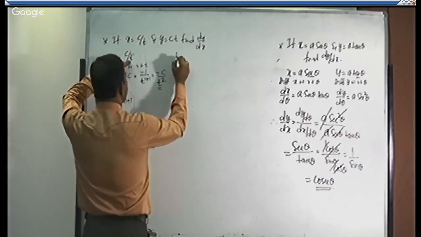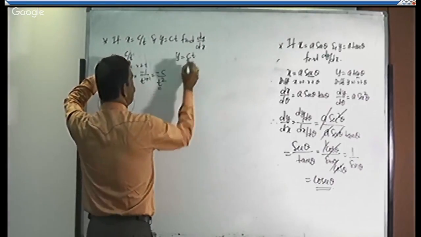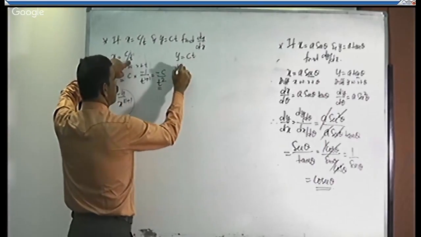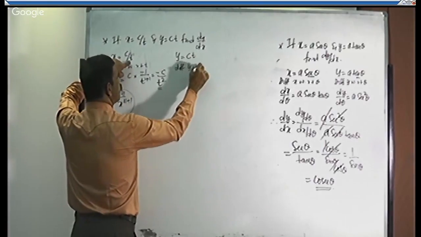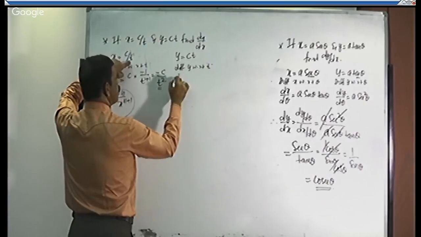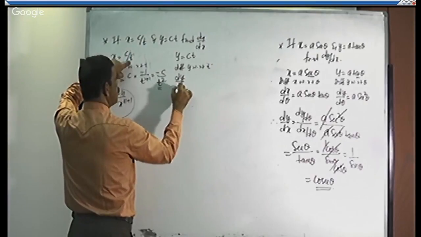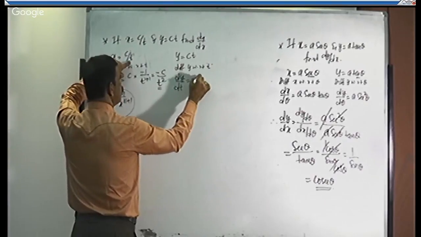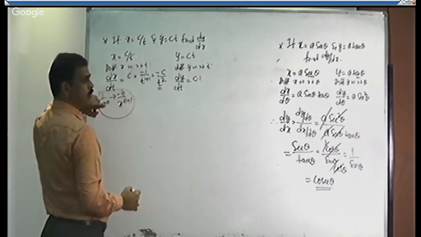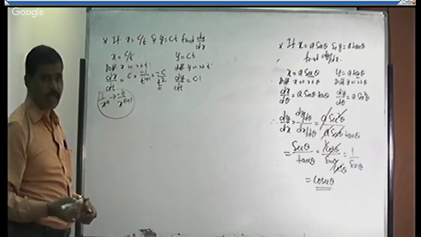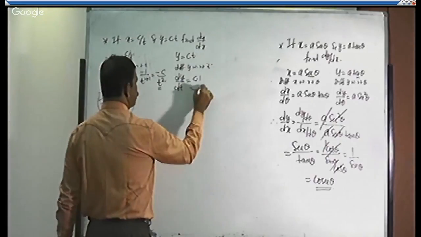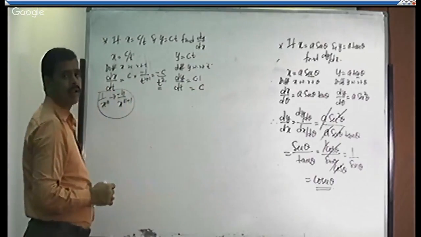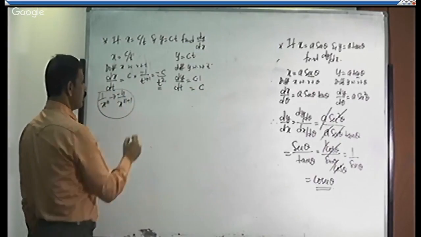Take y. What is y? y is equal to ct. Differentiate y with respect to t. So what will you get? You will get dy by dt is c into differentiation of t, which is 1, similar to x. Finally, c is the derivative of y with respect to t.